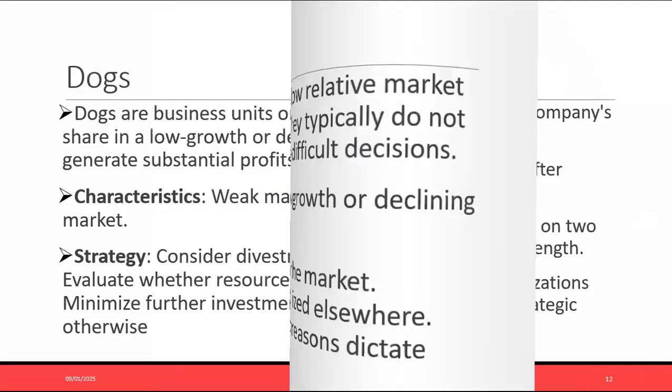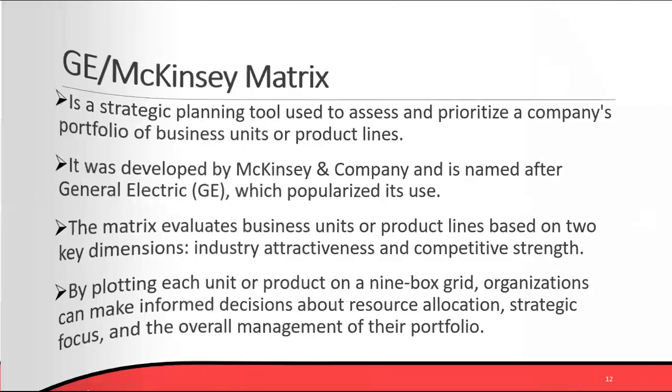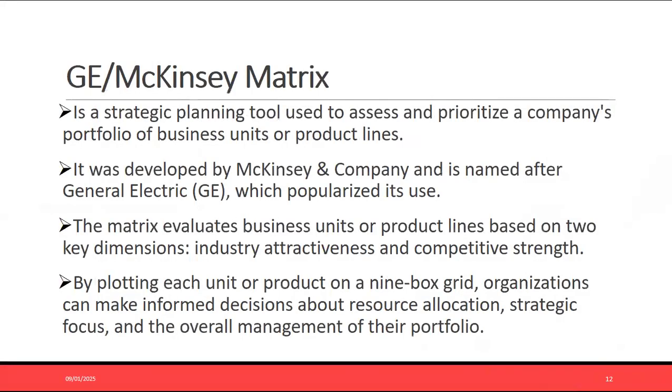conduct the same activities, what you call the GE-McKinsey Matrix. All right. So it's either GE Matrix or McKinsey Matrix. And this is also a strategic planning tool used to assess and prioritize a company's portfolio of business units or product lines, just like you have for the BCG matrix.